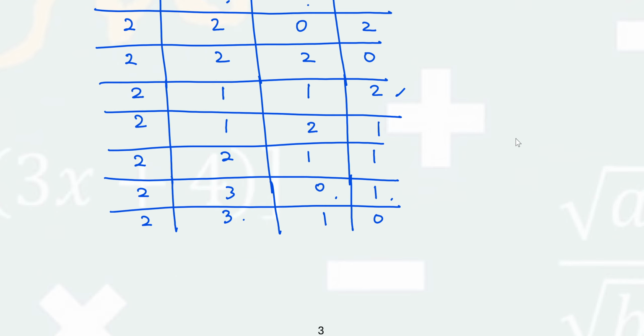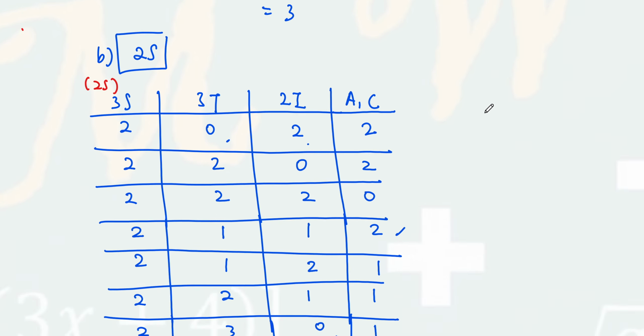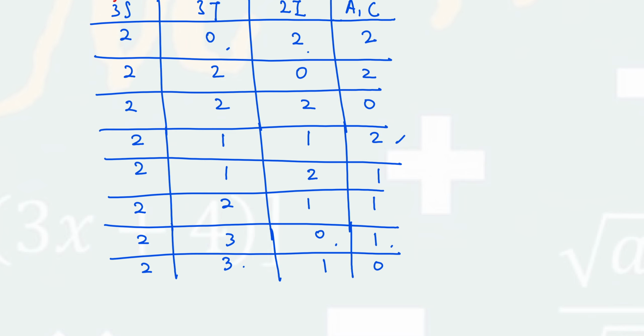Now this is our number of selections, so here I will write number of selections. When you look at the table, we have 3s, we choose 2, one way. We don't choose any t, 2t we choose 2, that means we just have one way to do it.